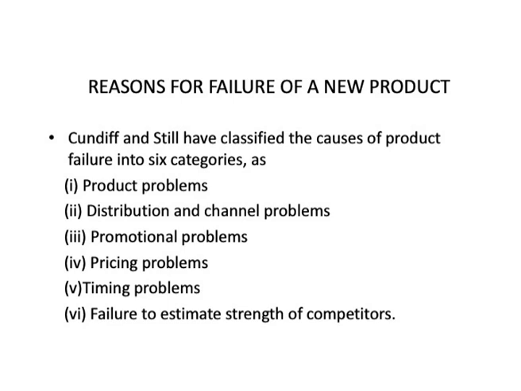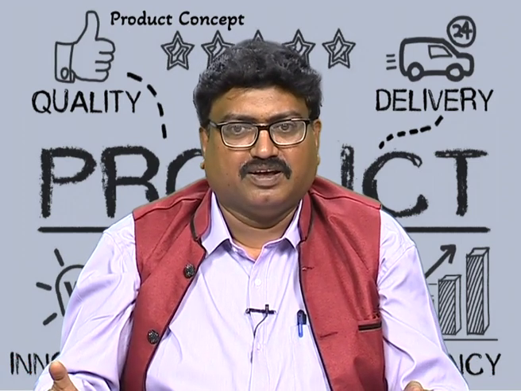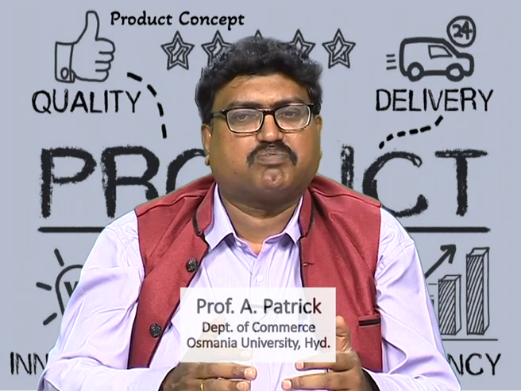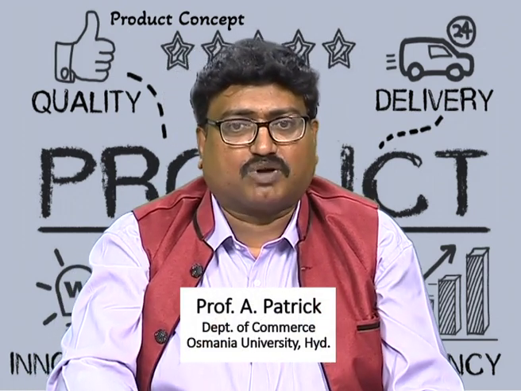Probably the pricing was an issue. People have different ways of looking at it, whether the quality is high when the price is high, or when the product is cheap, the quality is low. Then there is the timing of the product's introduction. If it was during the pandemic, when people didn't have money and were losing jobs, and you introduce a product then, it would fail. Or you couldn't properly estimate the strength of the competitor's product. That could be another reason for product failure.